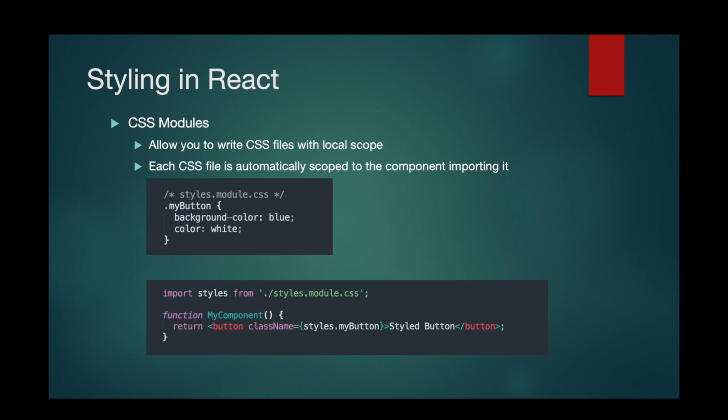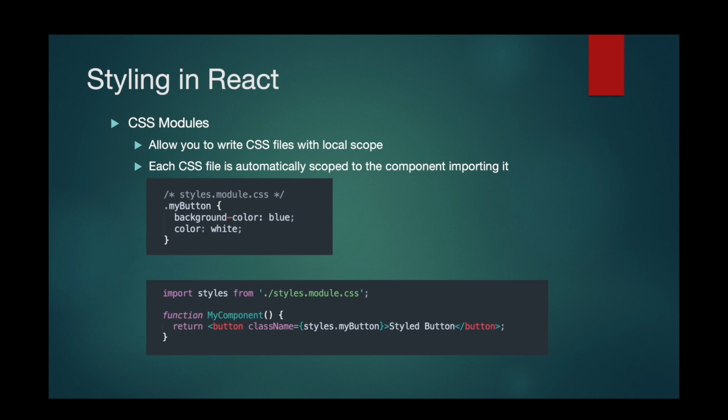So, for example, in let's say a styles.module.css file, you're creating a myButton style, you give the background color and the color, and inside your code you say import styles from styles.module.css, and in here, for the button, you can provide a className equal to styles.myButton, so the button will use the style above. CSS modules provide better encapsulation and maintainability compared to global style sheets, as styles are only applied where they are imported.